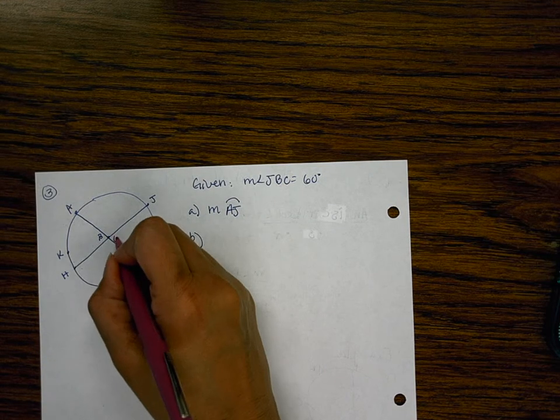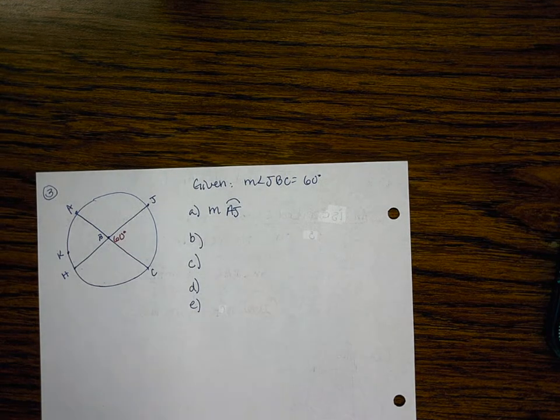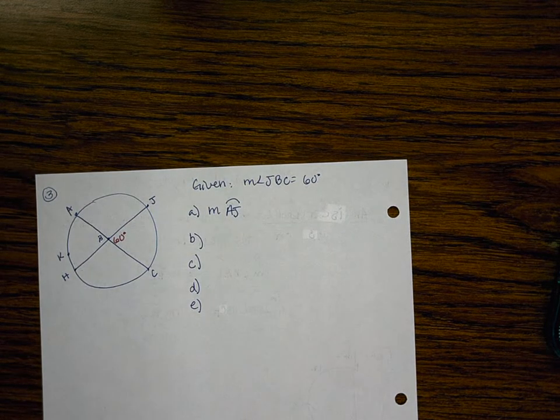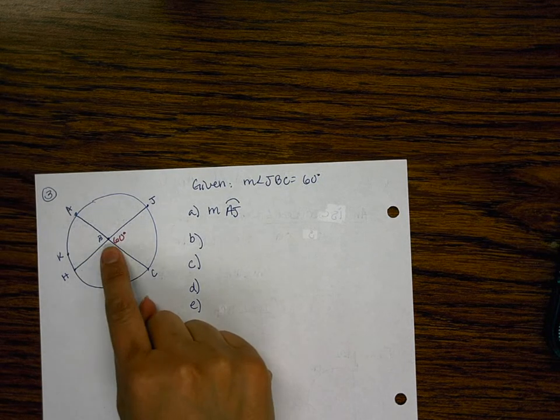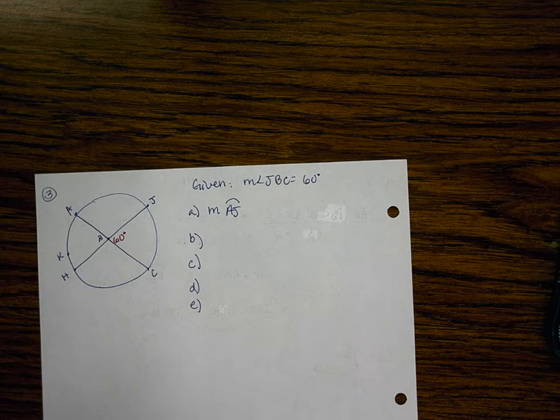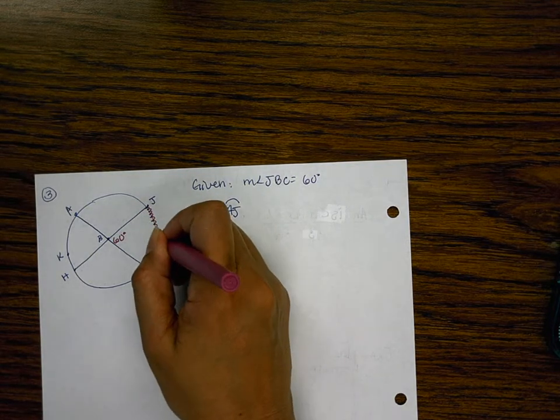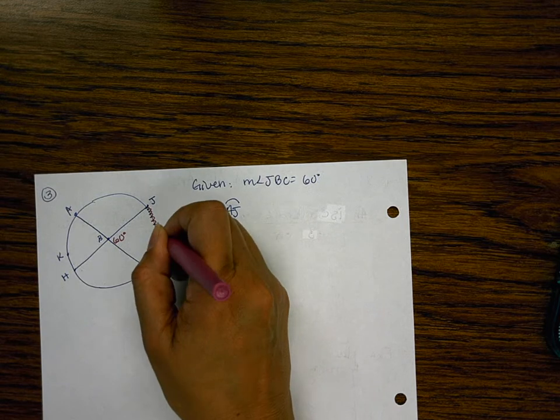JBC, that's this angle right here, is 60 degrees. Okay, so right now this is a central angle. Do you see that there is a central angle, not an inscribed? So that means this arc right here is also 60, so we're not doubling or taking anything in half.